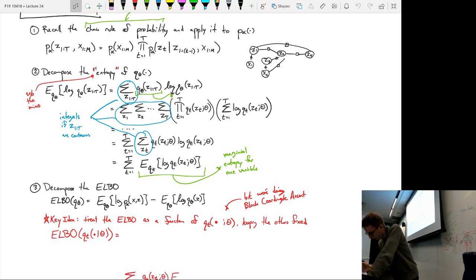So first we want to write it in terms of the decomposition of the chain rule of probability.